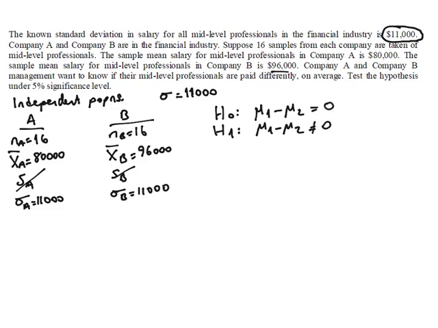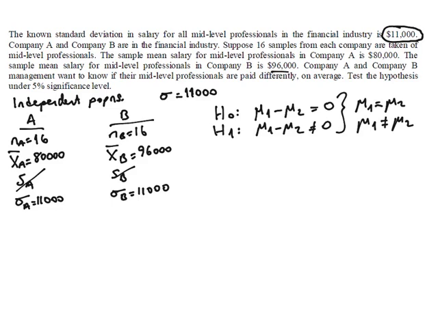Or we can write the same thing as mu1 is equal to mu2, or mu1 is not equal to mu2. You can use both of them, it doesn't matter.